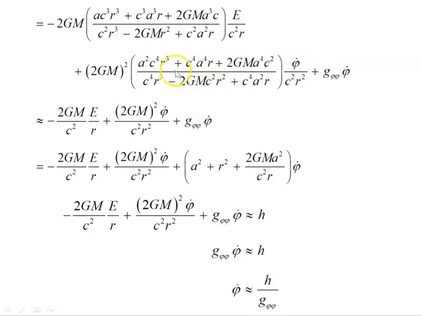If you plot these two things, you find it's roughly a constant line straight out. So we'll cancel it down to 1. That's our first approximation. All right, and then we get 2gm over c squared e on r plus 2gm squared phi dot over c squared r squared, okay, times this n term here.